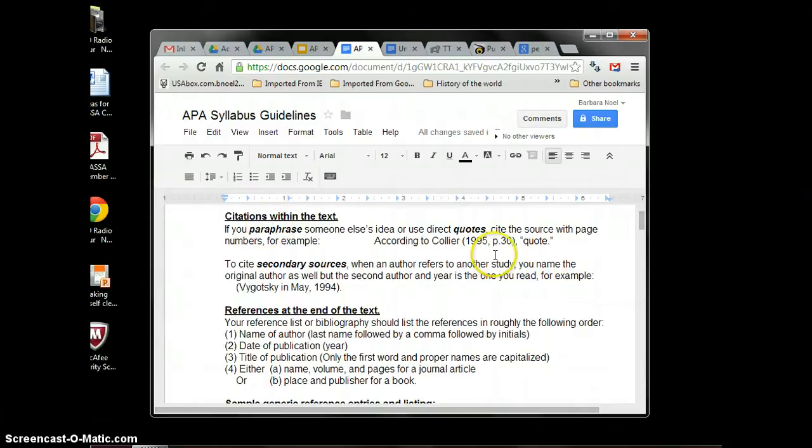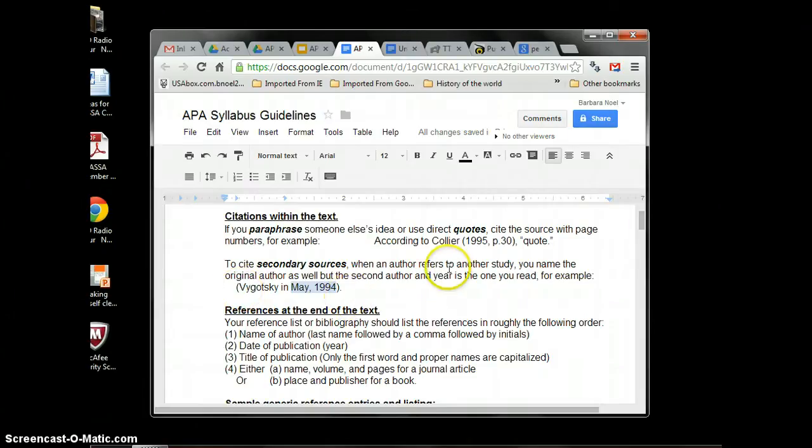If you have a secondary source, for example, you're reading something that was written by Geoffrey May, okay? Geoffrey May published a chapter in a book in 1994, but Geoffrey May talks about Vygotsky. And so you want to say Vygotsky in May.